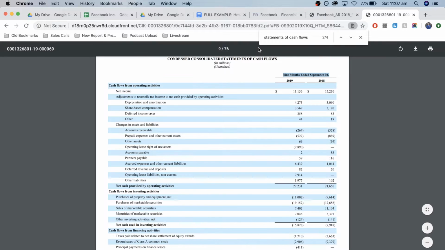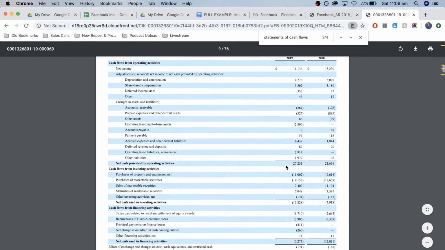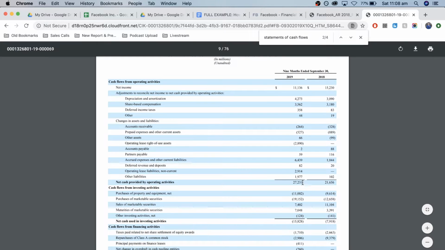So remember, when we're trying to calculate the previous 4 quarters, of course, as a part of that, we need Q1, 2, and 3 of 2019. And that is what this figure is going to tell us here. So we then need Q1 to 3 for operating cash flow, which is here, $27.23 billion.